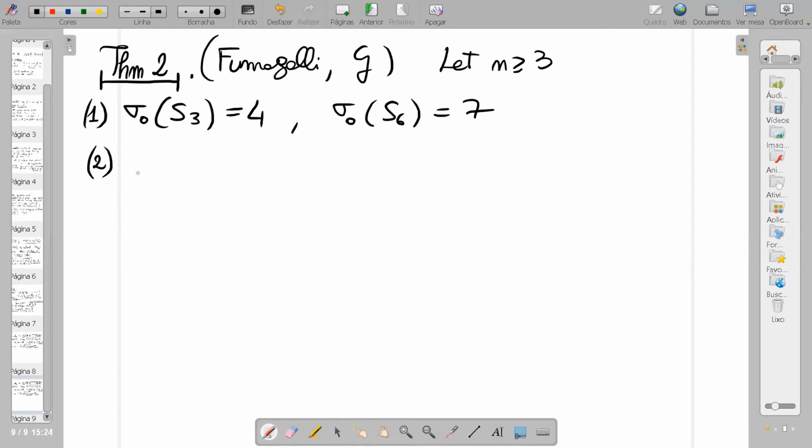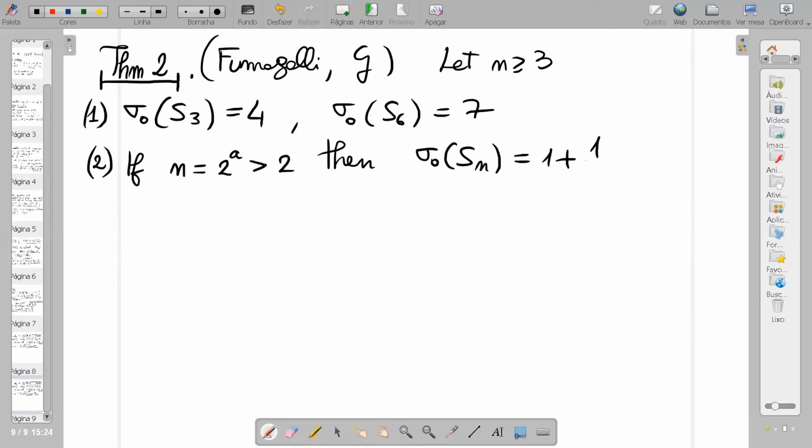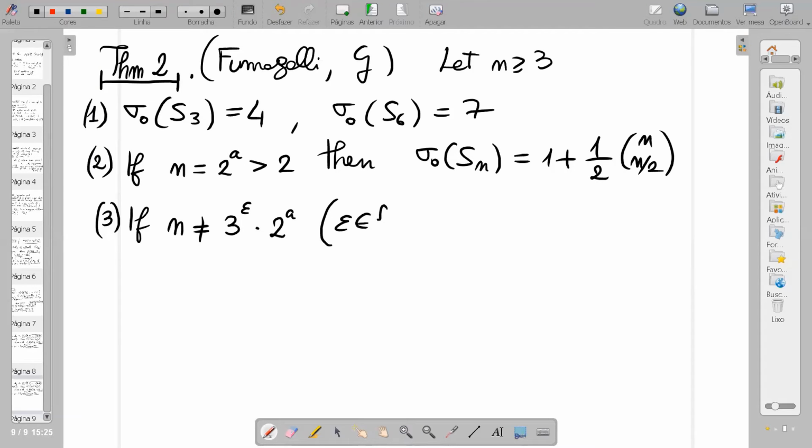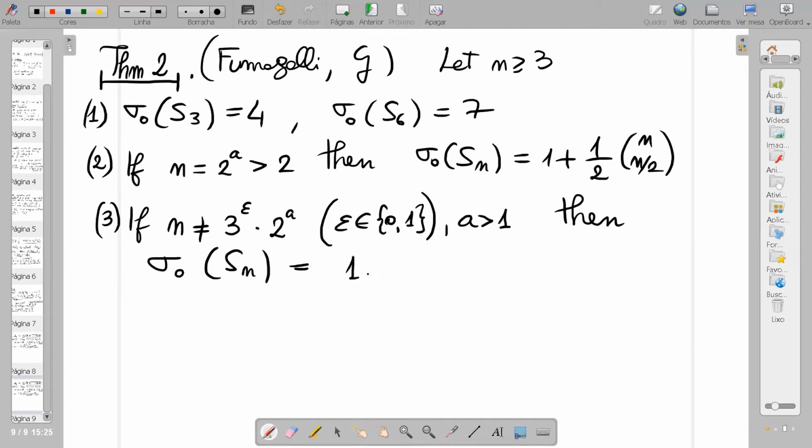Of course, these are some small cases. So, one: if n is a power of 2, larger than 2, then sigma_0 of S_n is 1 plus 1/2 times n choose n/2. And three: if n is not of the form 3^epsilon times 2^a, where epsilon is in {0,1} and a is larger than 1, then sigma_0 of S_n is 1 plus n choose n_2, where n_2 is the 2-part of n.